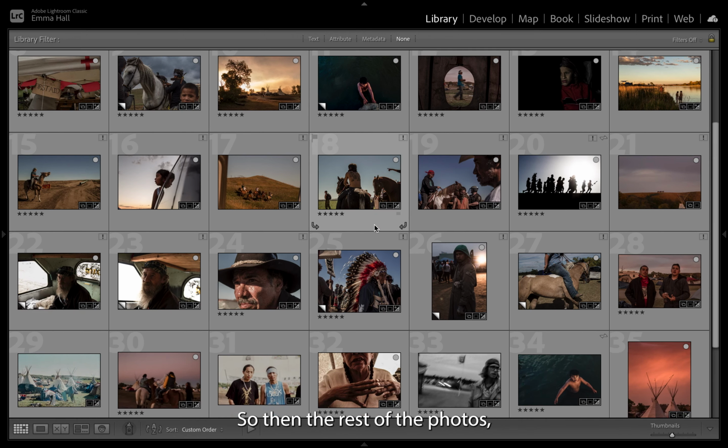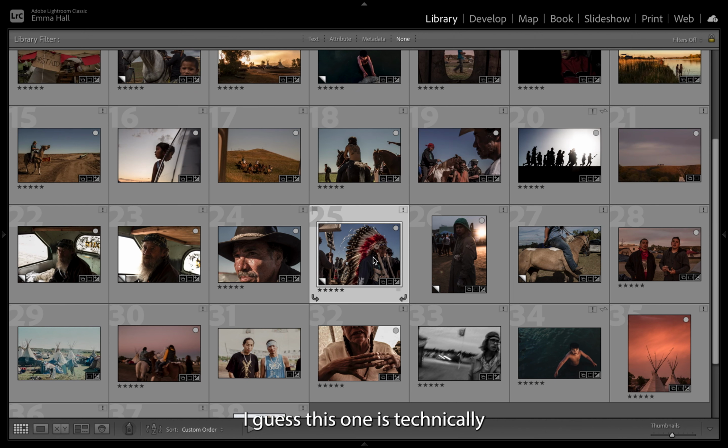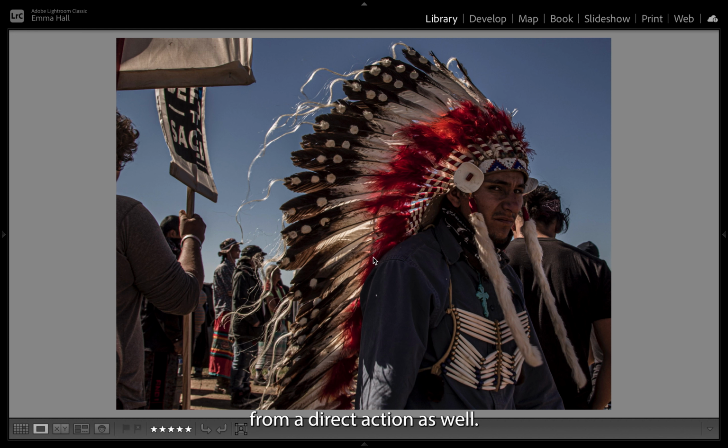So then the rest of the photos, I guess this one is technically from a direct action as well. We have a Native American man in his headdress. And at first, when I was 19, I really liked this photograph, just because I think the light is really beautiful, the colors are really beautiful. Now looking at it, I think the composition is a little bit boring.